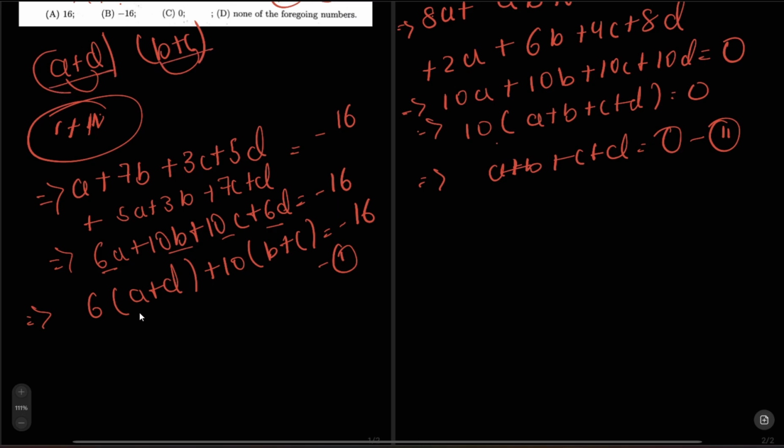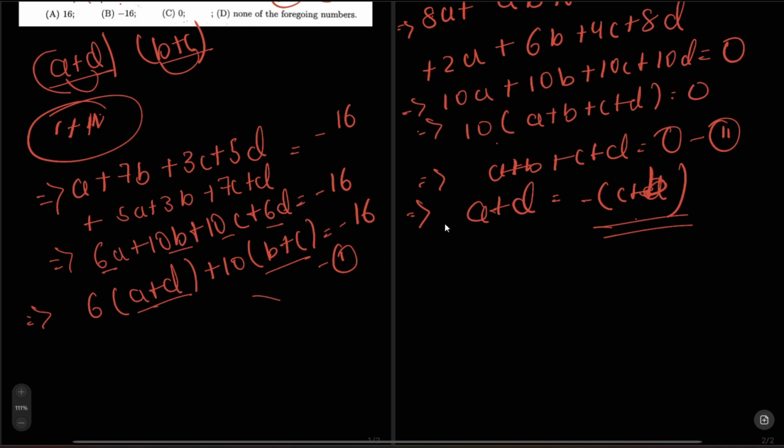From the second equation, a plus d is equal to minus (b plus c).